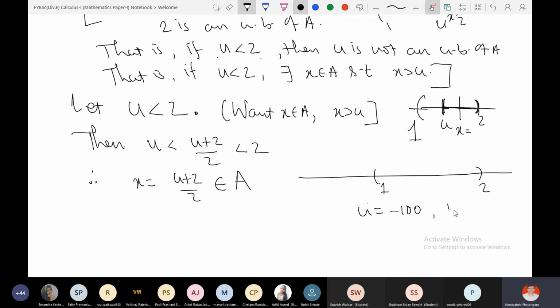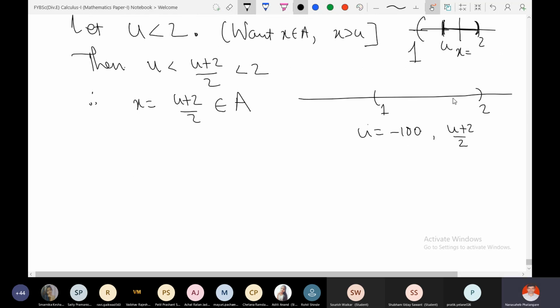Then what is the mean? Minus 49, which is not a member of the set. So there is ambiguity, right? Is it clear what the ambiguity is?